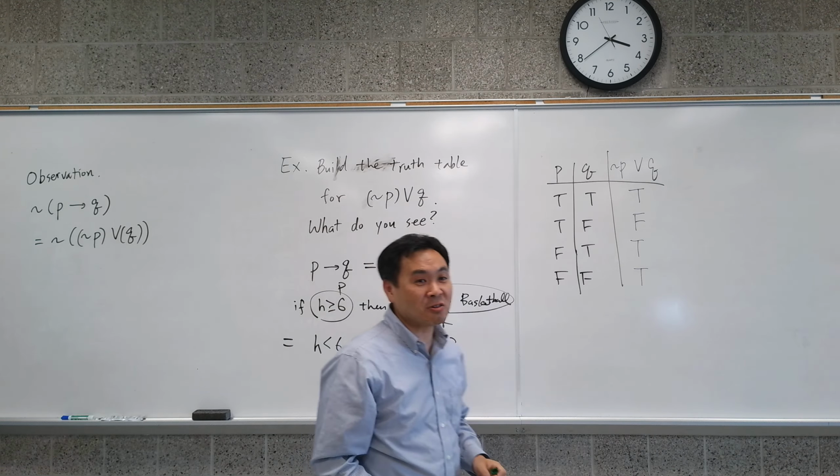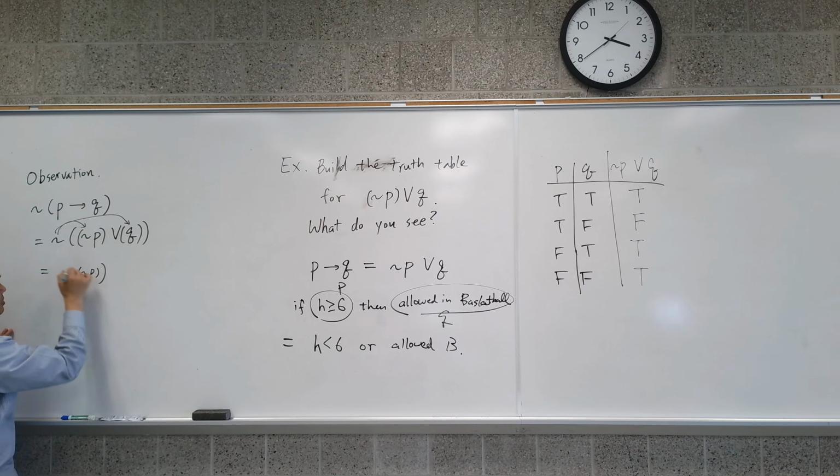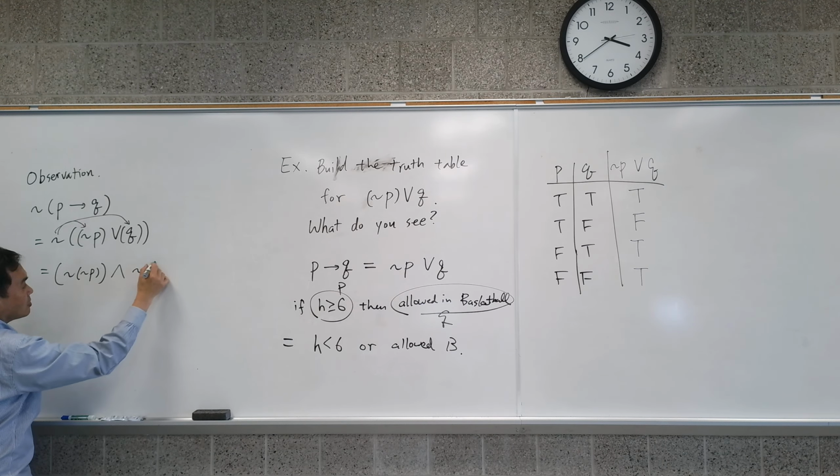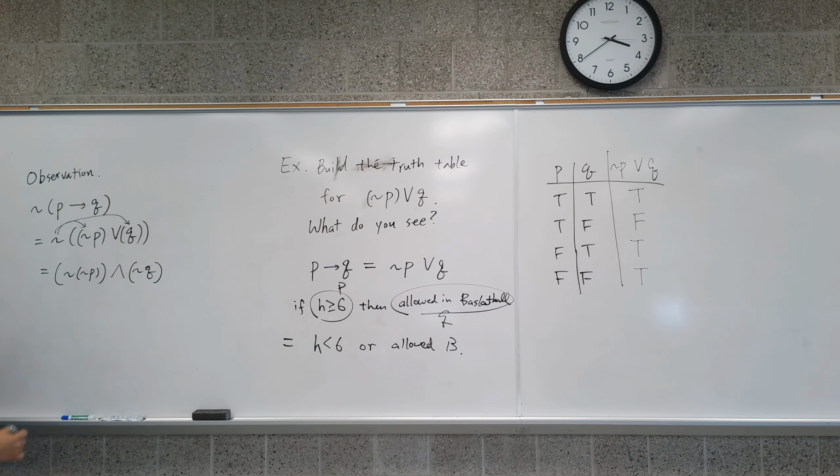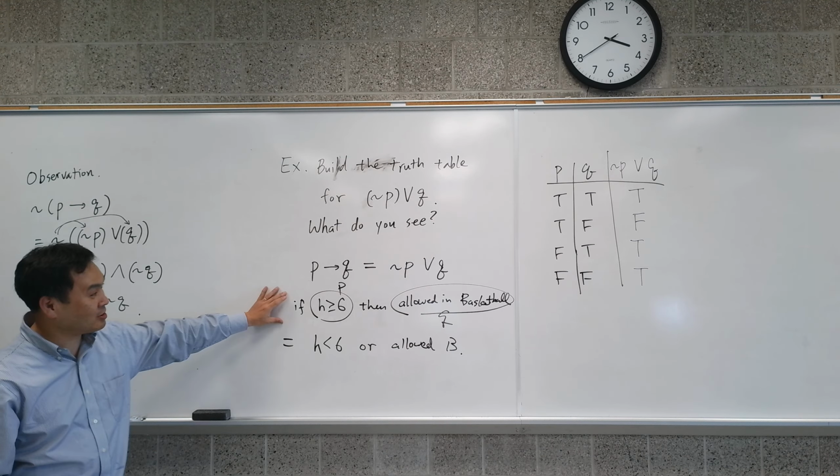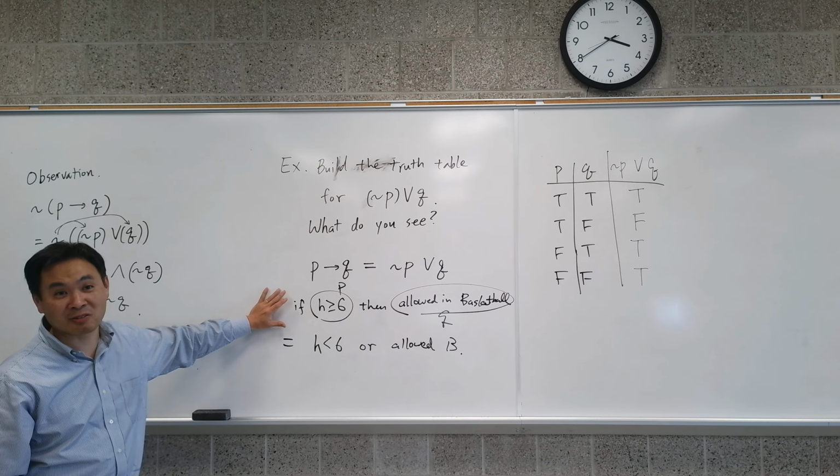So if I do not of P, and you flip this upside down, and then not of Q, then since not of not P is just P, you have this. Okay? Now, in this context, what does that mean? That means there was a student who was 6 feet or taller, but then he wasn't allowed into the basketball team.